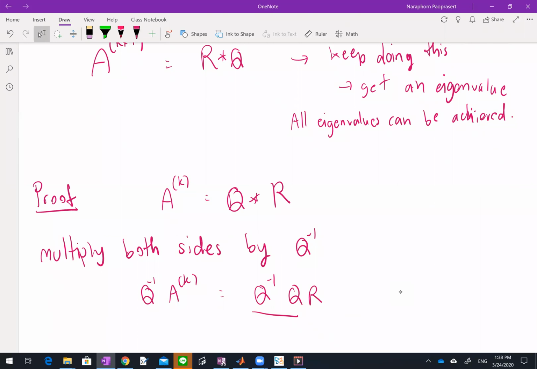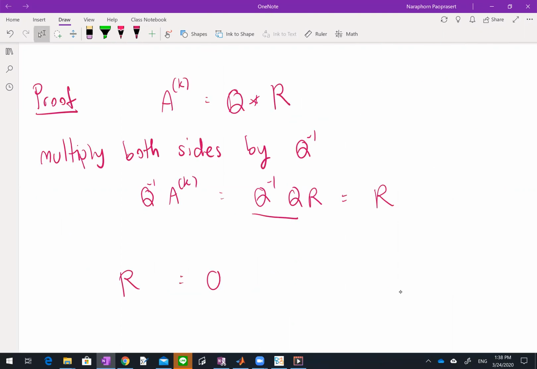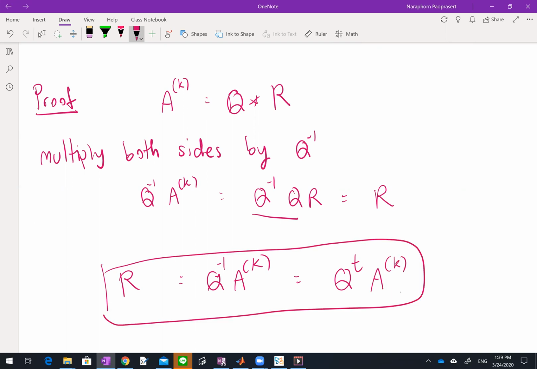So Q inverse Q is just I, so you just get the R. So basically your R is just Q inverse Ak, or since Q is an orthogonal matrix, Q inverse is just Q transpose times Ak. Let's just keep this equation.